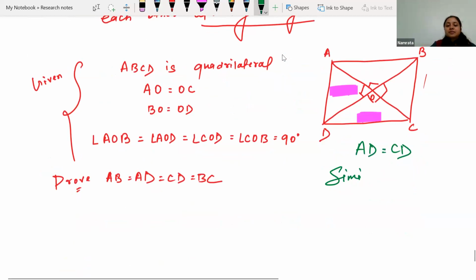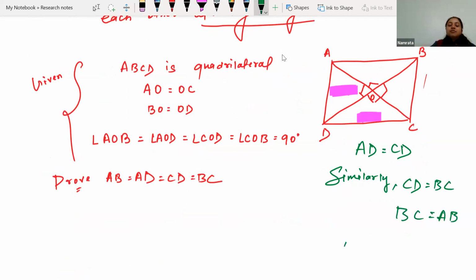Similarly, CD and BC are the same. Similarly, BC and AB are the same. Therefore, AB, BC, CD, DA, all are the same.